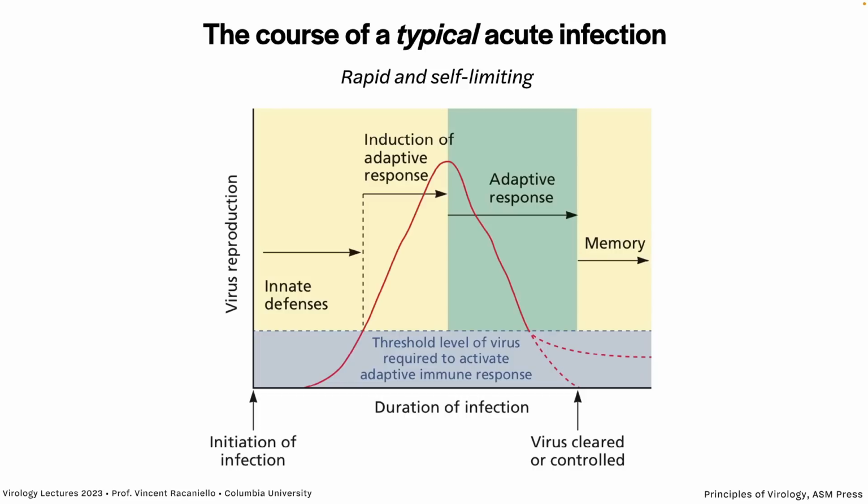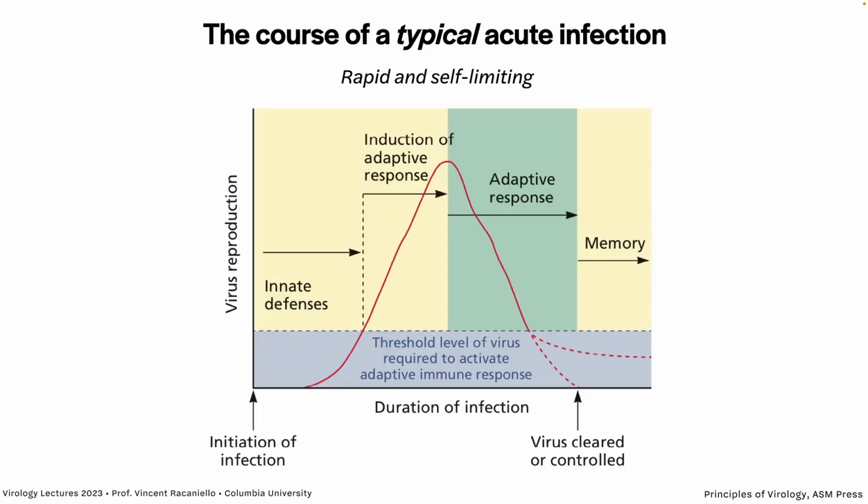So you see you get infected, the virus begins to multiply in you, and at some point you activate the innate defenses, which we've talked about. If the innate defenses do not clear the infection, and many are cleared by innate defenses very well, but if they're not, you reach a threshold where you then activate the adaptive responses.